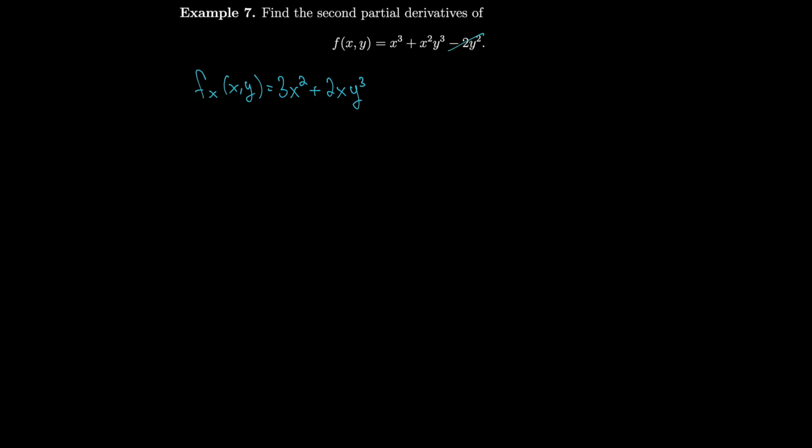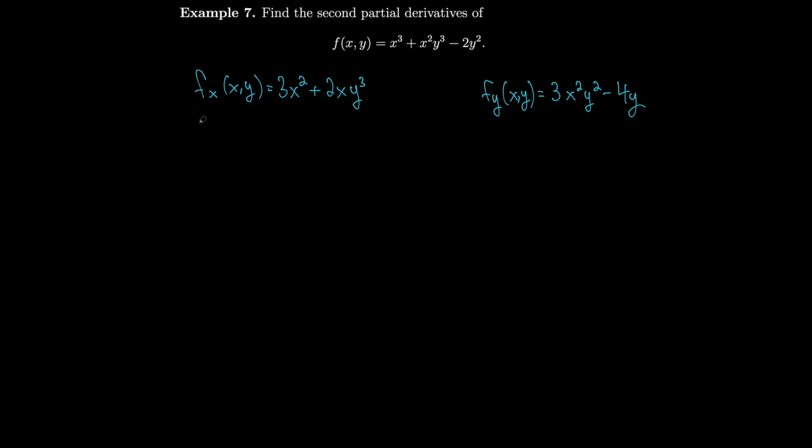And then that's constant, so it's 0. If I want the partial with respect to y, then this is constant 0, and then we've got 3y squared times the x squared, so I'll write that as 3x squared y squared, and then minus 4y.